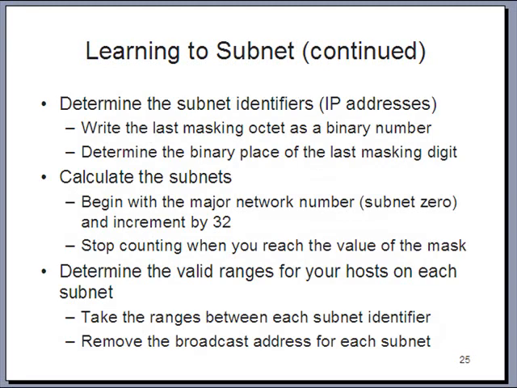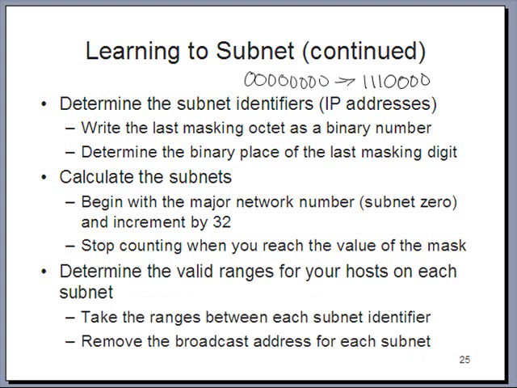Now we're going to learn how to divide it all up. It says determine the subnet identifiers by writing the last masking octet as a binary number. So that's going to be 1, 2, 3, 4, 5, 6, 7, 8. And from our example, we had 3 ones in that first location with 5 zeros.